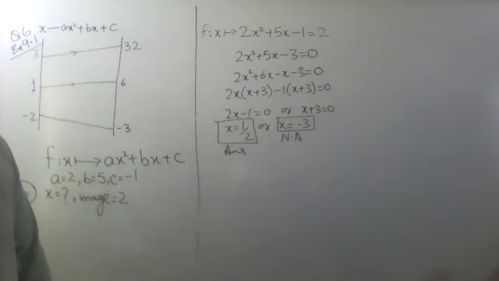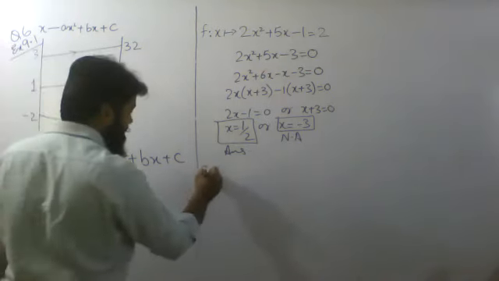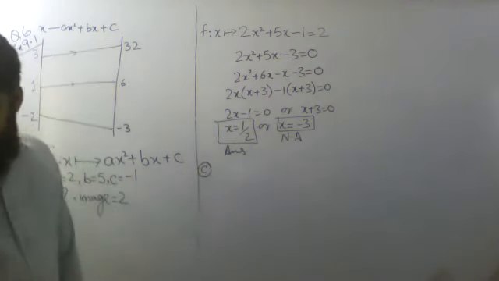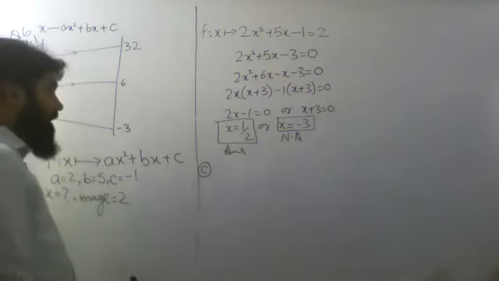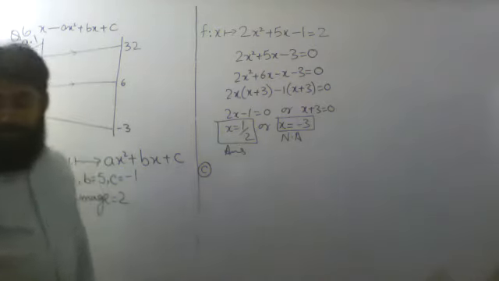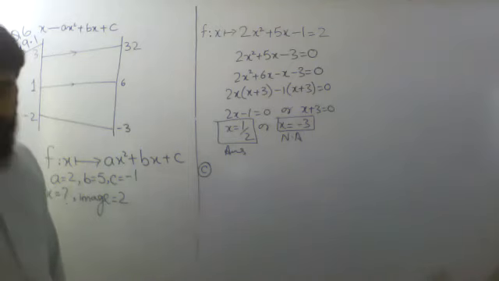Okay. Now in C part they are saying find the set of numbers whose image under F is 2.